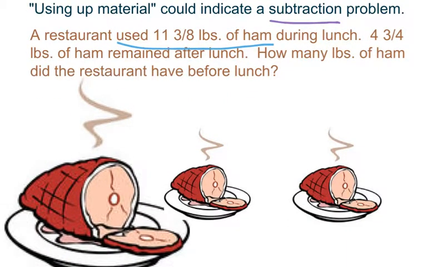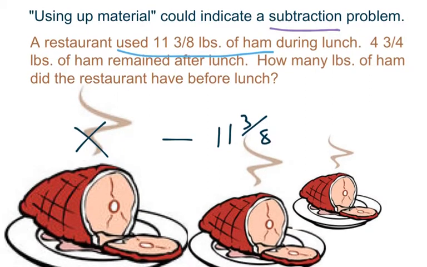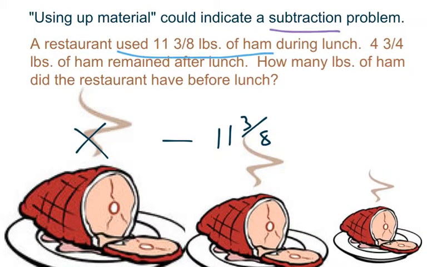And that ham could be represented by X. And then we got rid of some ham. We used up. So we subtracted the 11 3/8. And that's probably going to be a little bigger. There we go. And then we had a resulting amount of 4 3/4 after lunch.